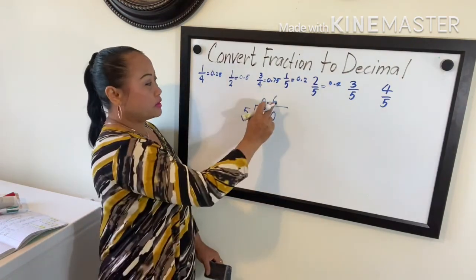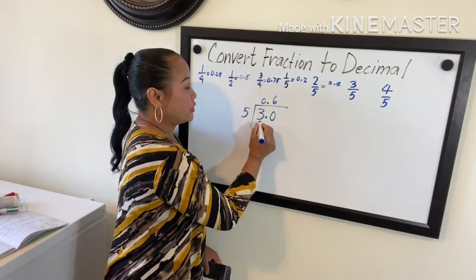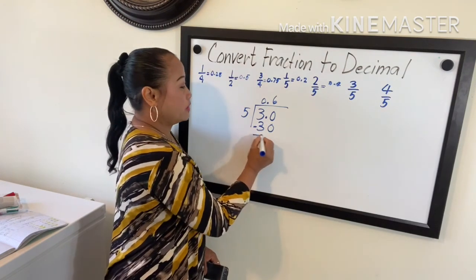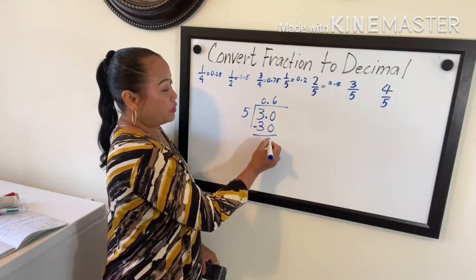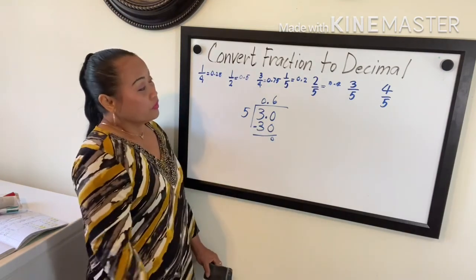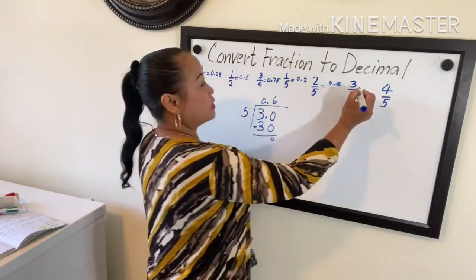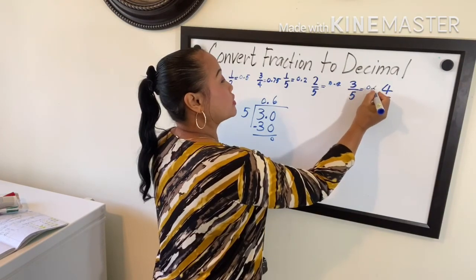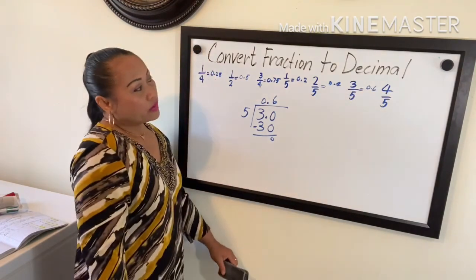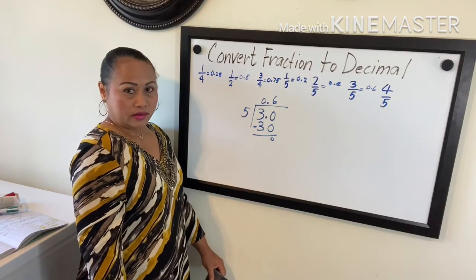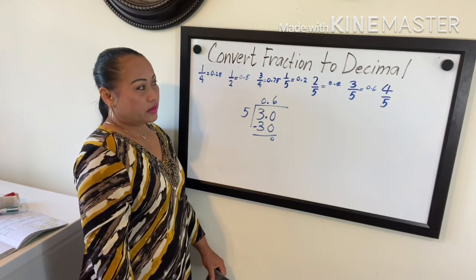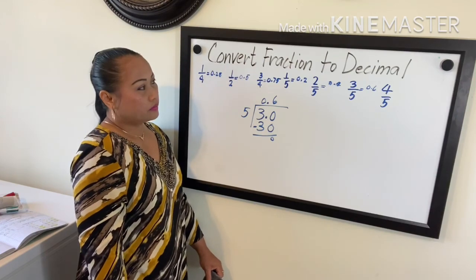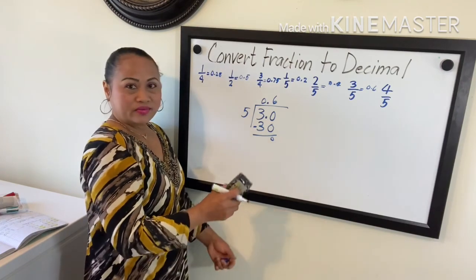And then 6 times 5 is 30. We can subtract now. 30 minus 30 is 0. So the answer is 3/5 is equal to 0.6 or 6/10. Read as 6/10. Okay?